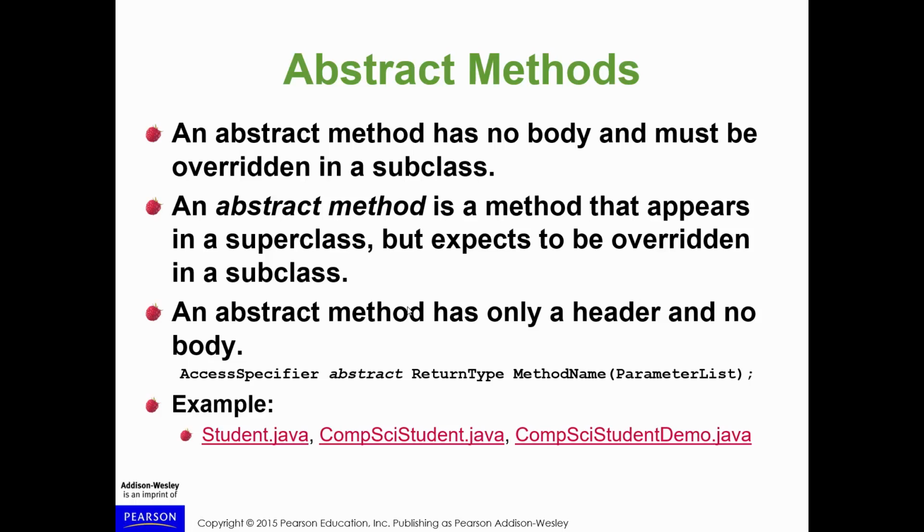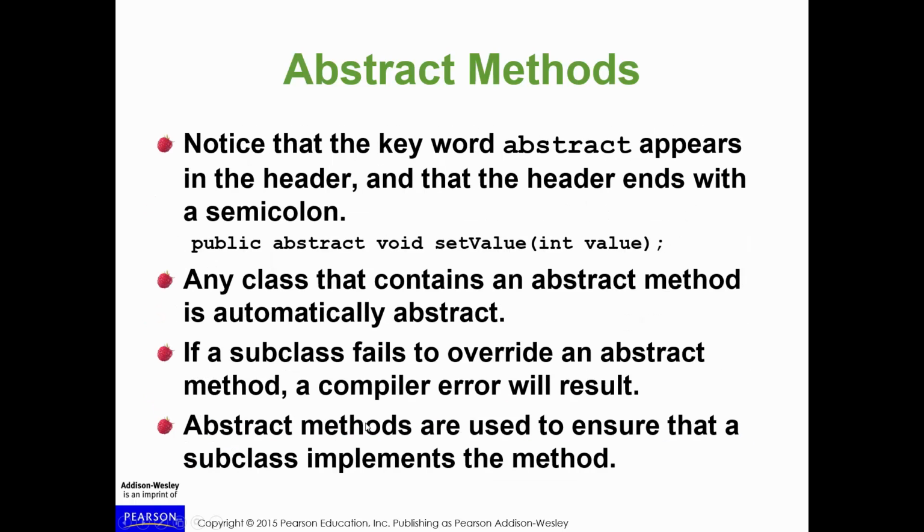Abstract classes can have both abstract methods and non-abstract methods. If it has an abstract method, the method has only a header and a semicolon at the end. It has no actual body. They go through an example in the book here where they set up a student and a computer science student, etc. Again, in an abstract method, as shown in the example here, the keyword abstract appears in the header, and the header ends with a semicolon.